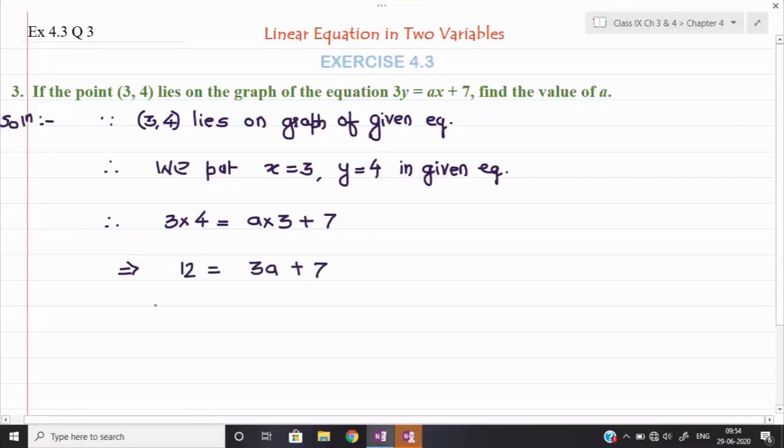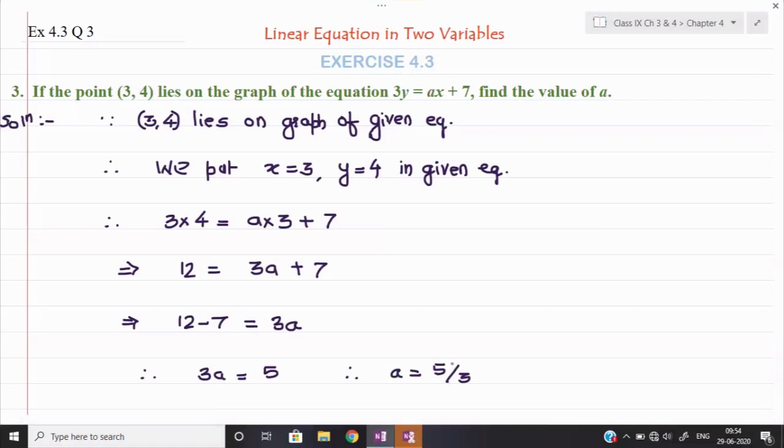Now 7 we can bring to this side, so 12 minus 7 will be equal to 3a. Therefore the value of 3a will be equal to 5, and since 3 is in multiplication, it will go to the denominator. So the value of a will be equal to 5 upon 3. This is our answer.